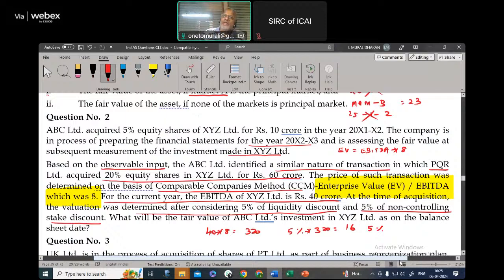And since you are not holding majority shares, you are holding only a small portion, for that also another 5% you reduce. So in a way you reduce 10% you can tell.